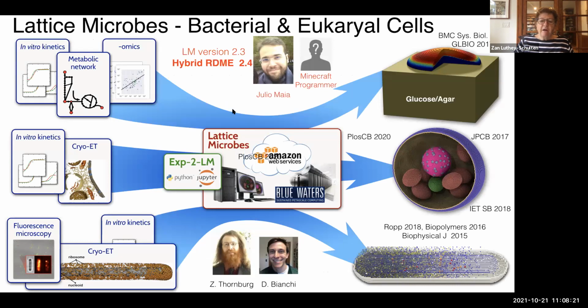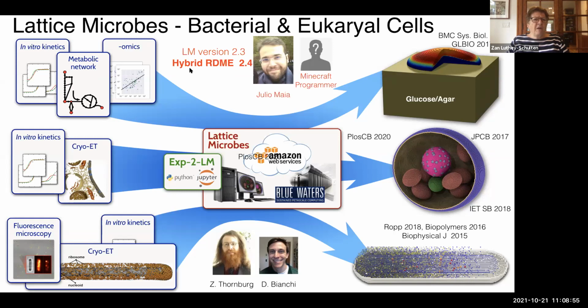And so this Lattice Microbes, we have used it, as I said, to not only simulate bacteria, but also eukaryotic cells. The exercise that you will do this afternoon, the tutorials, is just because this is all being done on Zoom. We didn't want to try and do the cell simulations with you today. Also in part because this one paper is now under review and I didn't want to upset this high profile journal.